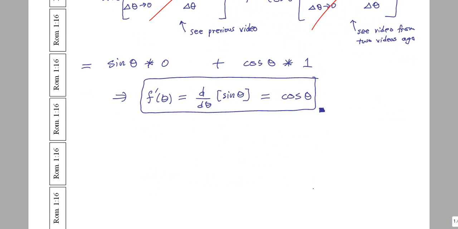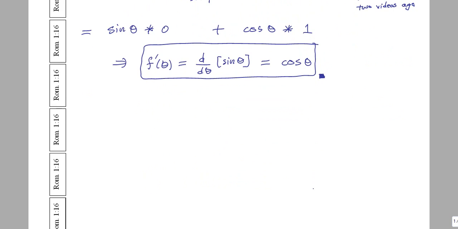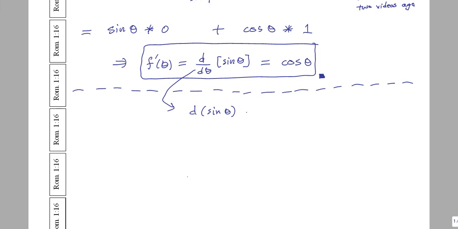Now we're going to be able to use this result to do the antiderivative. So let's do that. From this result, I have d of sine of theta is equal to cos of theta d theta, if I just multiply through by the d theta.